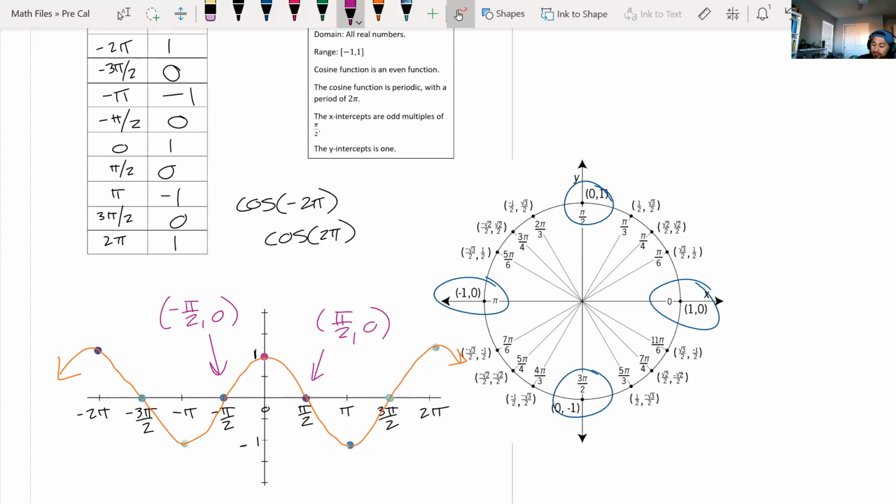So this is what the graph of cosine looks like. Any questions on that? All right, then.